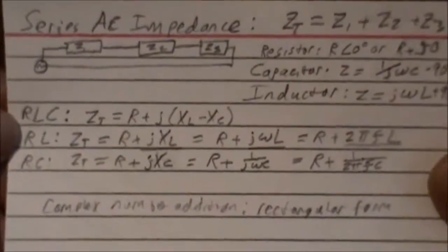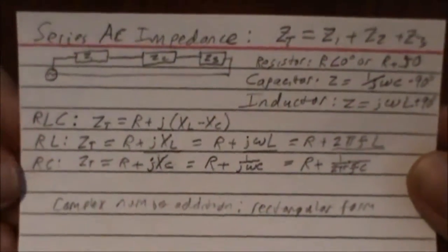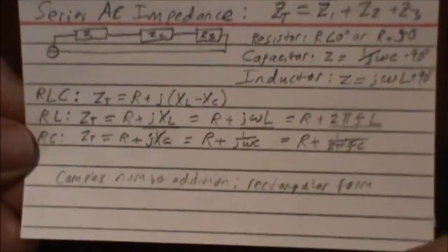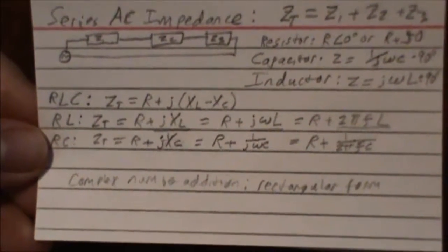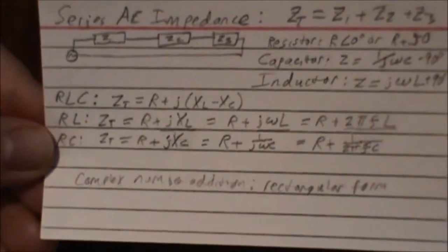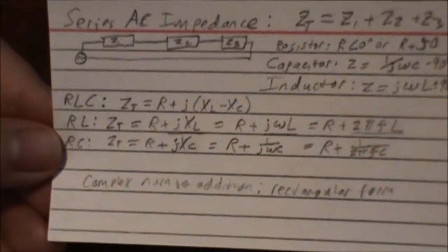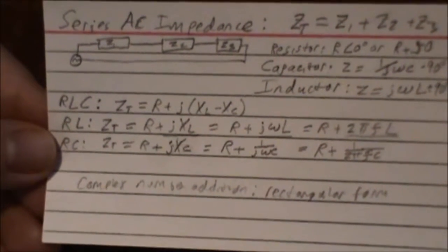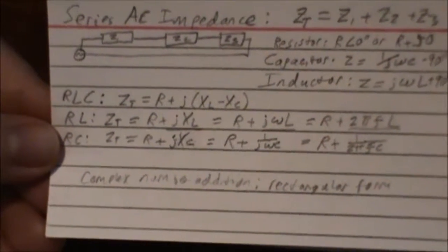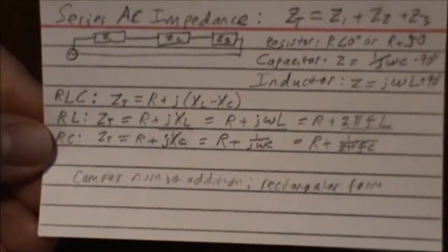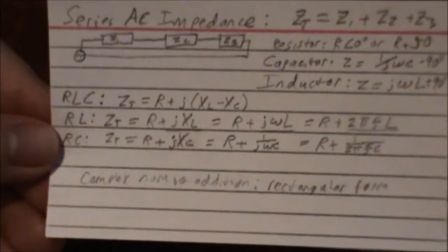You can also remember this by the phrase ELI the ICE man. ELI is E-L-I. This means voltage leads the current for L, for inductors. L is the letter in the middle.